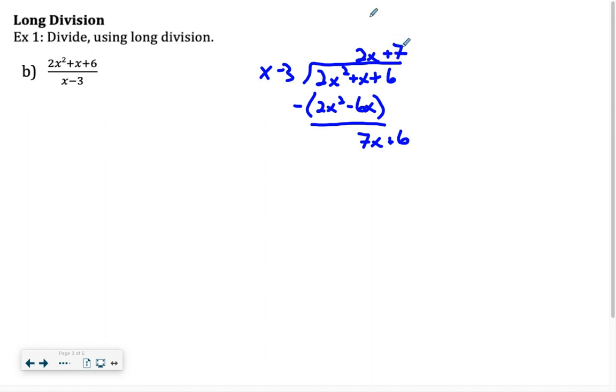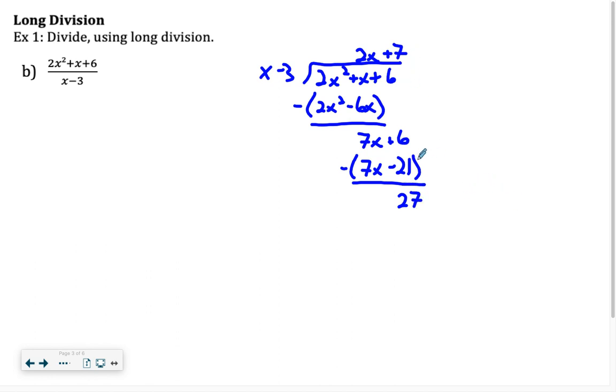And then 7 times x minus 3 would get me 7x minus 21. And I subtract. So 7x minus 7x cancels. 6 minus negative 21 would be 6 plus 21. So that gets me 27.